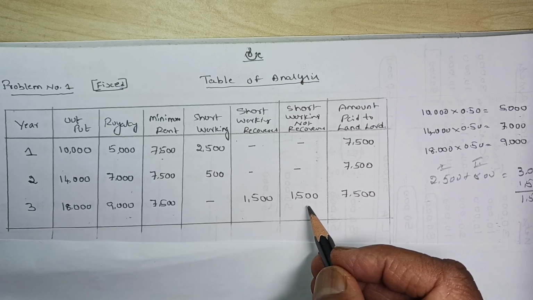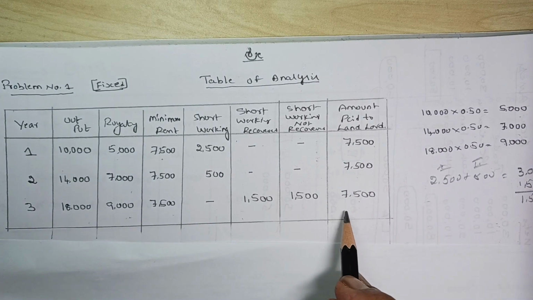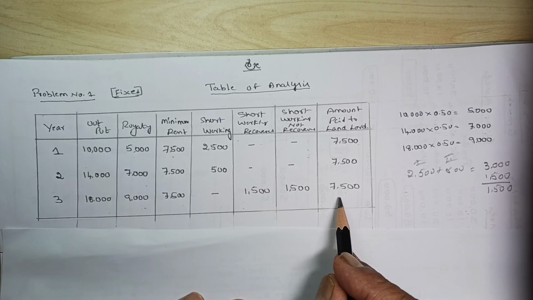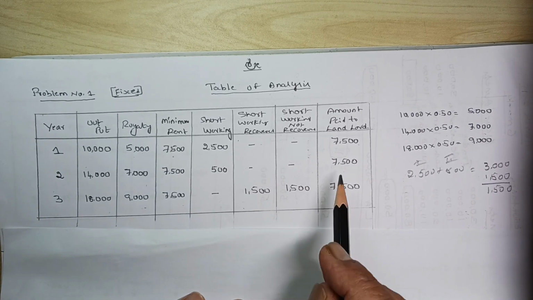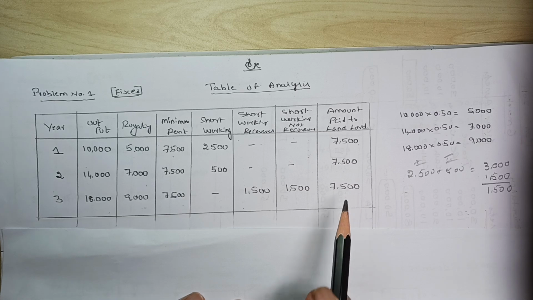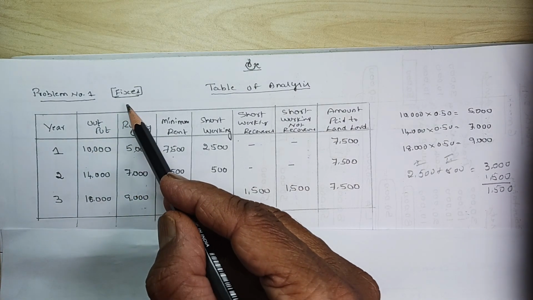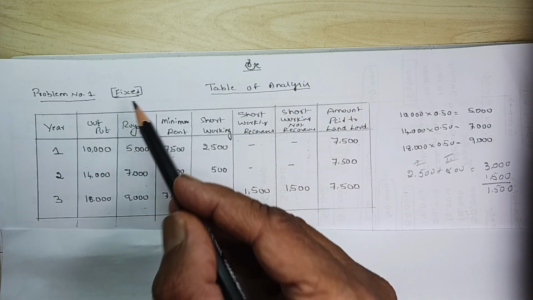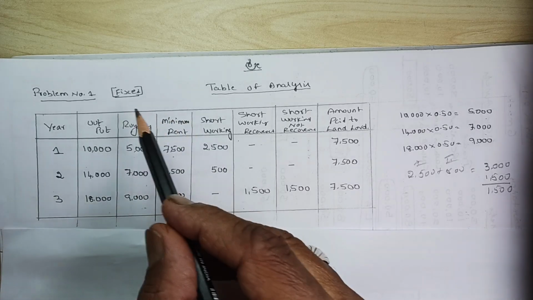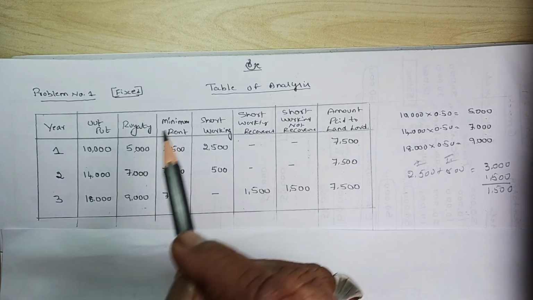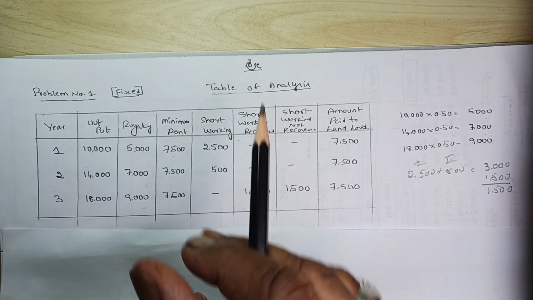So again he has to pay the amount, 7,500. In this way, when you work out the problem, it is called fixed. We will work out two more problems on fixed. Again they are question paper problems.